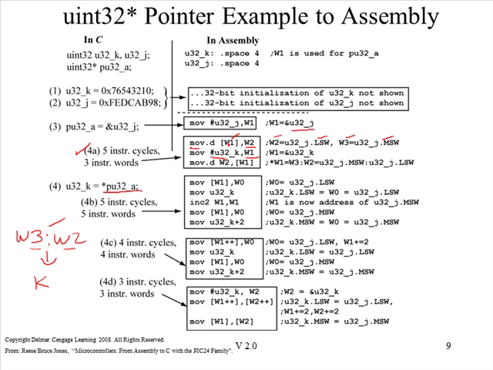Now we can use the reverse move. We can say move.doubleword the register pair W3, W2 to the memory location pointed to by W1, which is going to be K. At this point, these three instructions have copied what A is pointing at to K.